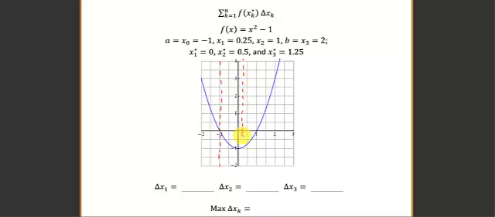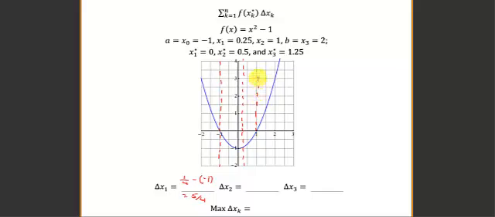How wide is this interval? It's going to be 1/4 minus negative 1, and that would be 5/4. Then x sub 2 is at 1, right here.